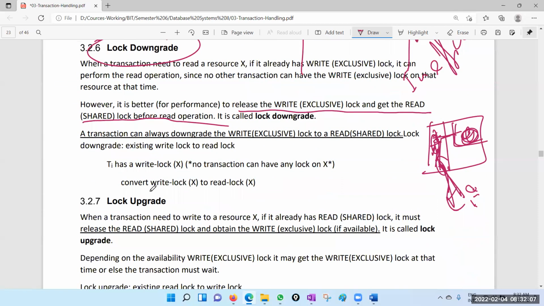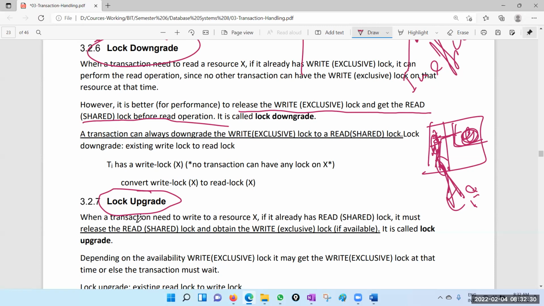The next one is lock upgrade. Lock upgrade means you're already having the read lock or the shared lock for that particular resource or record. Now you need the write operation to be done. Maybe earlier you needed to do the read operation, and only now you want to do the write operation.